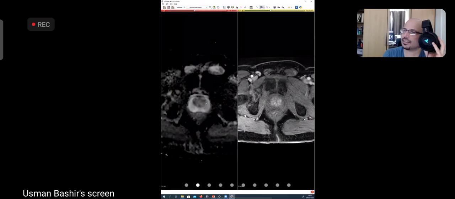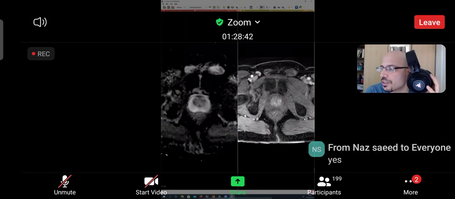DWI is not very useful. Likewise, it's already enhancing anyway. All of the transitional zone, neither this nor that T2-weighted scan.